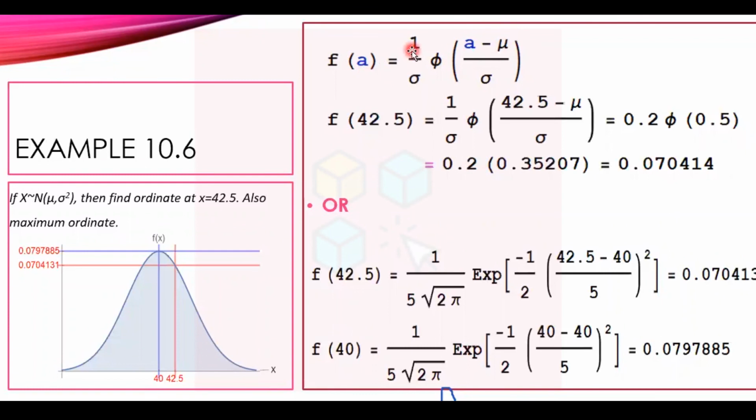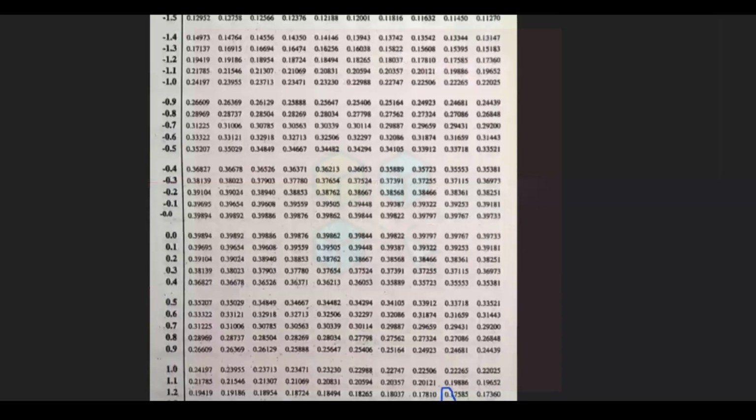We will find its ordinate at 42.5 by this expression from the theorem: f of a equals 1 over sigma times phi of a minus mu over sigma. In our case, a is 42.5, sigma is 5 and mu is 40. So all these values will be substituted here and the expression will give you 0.2 phi of 0.5. Phi of 0.5 we will locate in table 7.